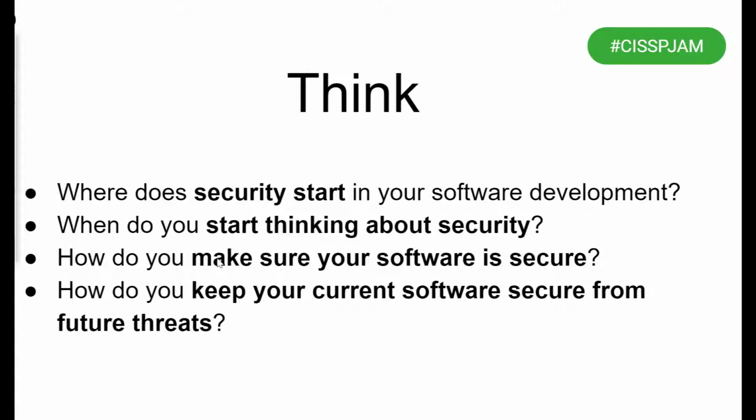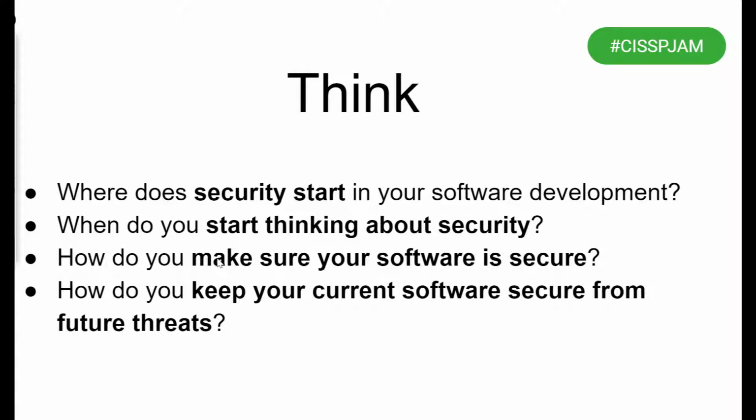So security, right? That's the big buzzword for our CISSP folks. But for software developers, it has not traditionally been security. So I want everybody to think, where does the security start in software development? When do you start thinking about security?